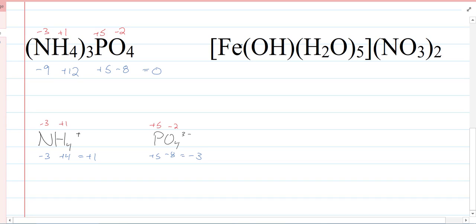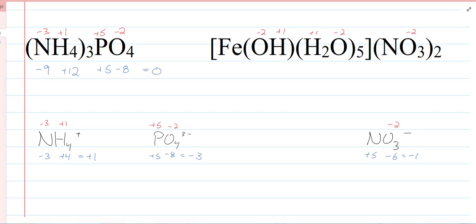Let's check. I have nitrate, so I can do nitrate by itself. NO3-. We start with oxygen's -2, and we know oxygen's going to be -2 in all of these. There's no fluorine. Hydrogen's also going to be +1, because with nonmetals. Okay. So -2 times 3 is -6. They add up to -1, so nitrogen has to be +5. And we think iron is +3. Does this work? Let's look to see if this works.